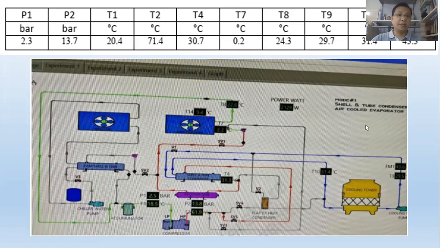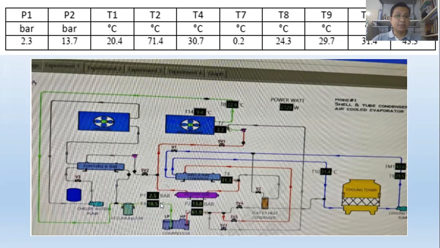It should be the exact temperature identification. So T1 is for what, T2 is for what, T4 is for what position. We can see here from the computing system in the fifth experimental work.